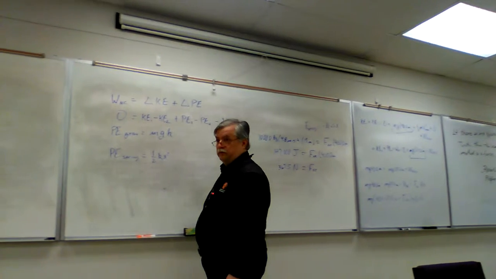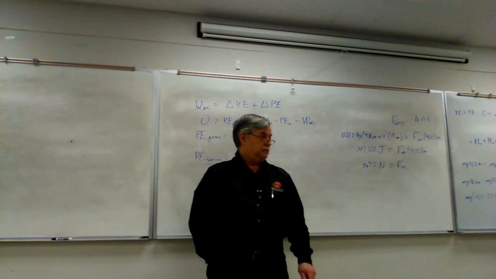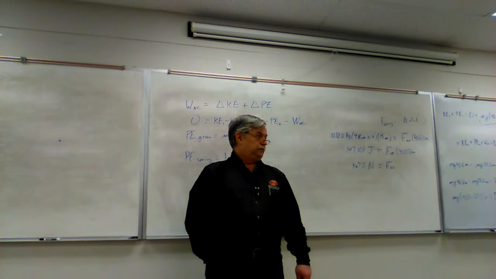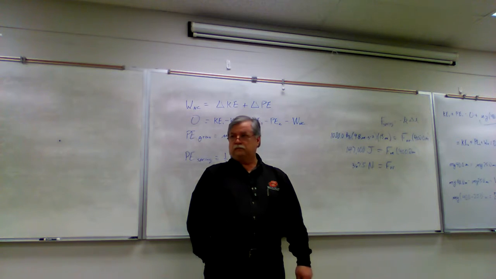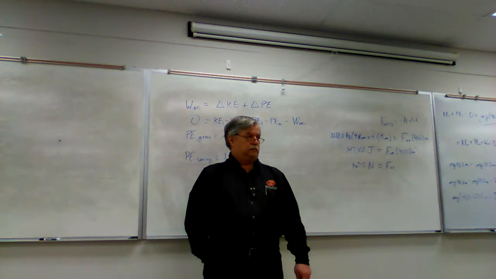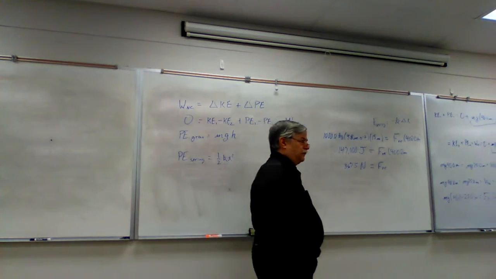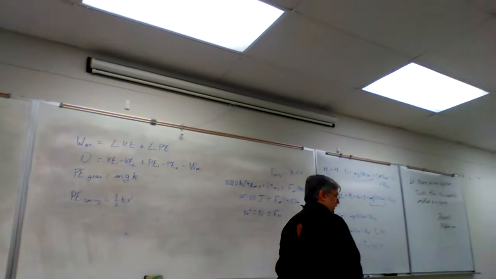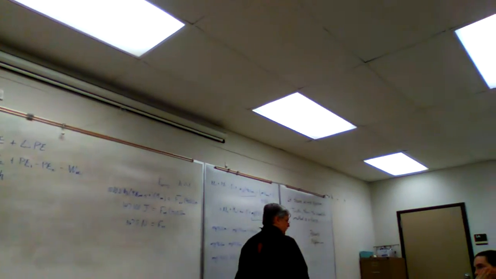What is the force due to friction? How do you calculate it? Anybody? How would you calculate the force due to friction at any moment in time, at one point in time?